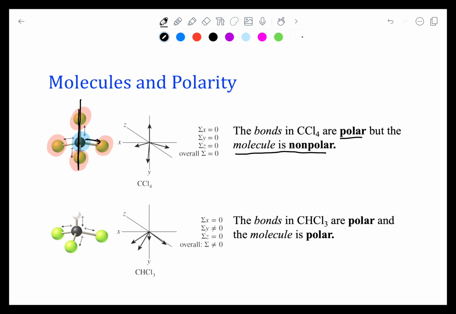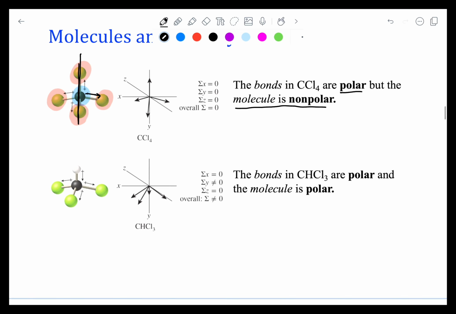If I were to take one of these chlorines and replace it with a hydrogen, well, that changes how the electrons are being pulled. So that carbon-hydrogen bond is now, the carbon is more electronegative than the hydrogen, so the electrons are now being pulled from the hydrogen to the carbon. So if you were to highlight this, we have our electron density focused here on the chlorines and slightly on this carbon.